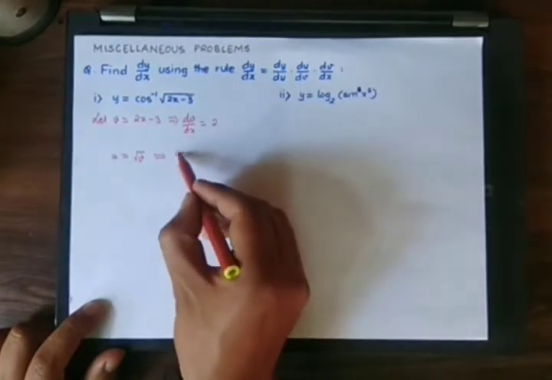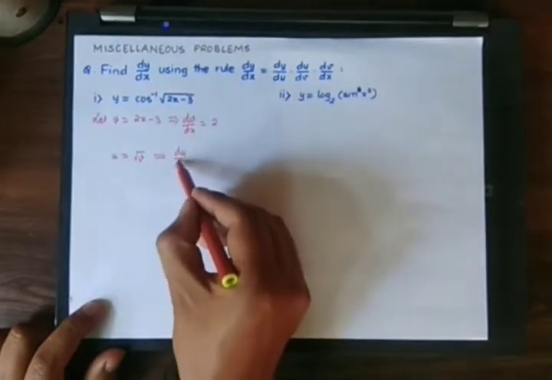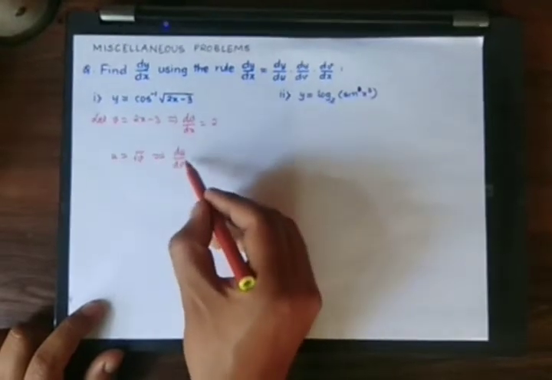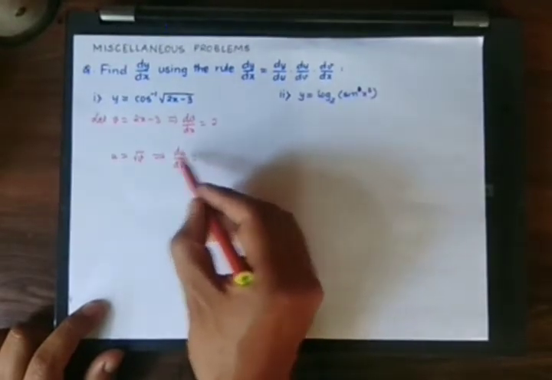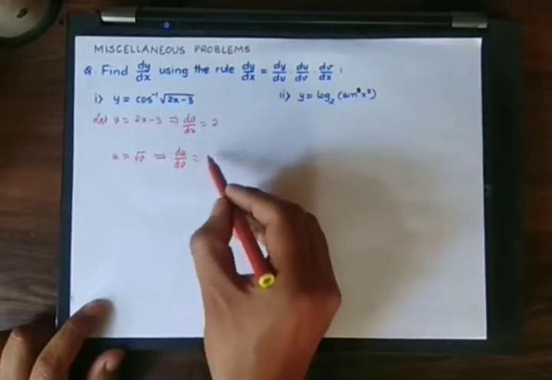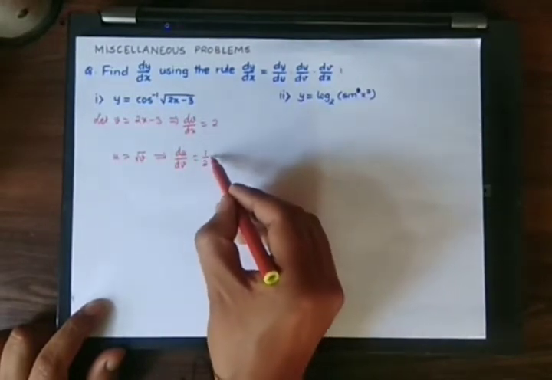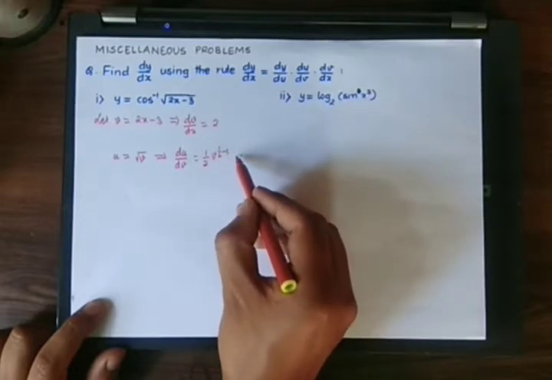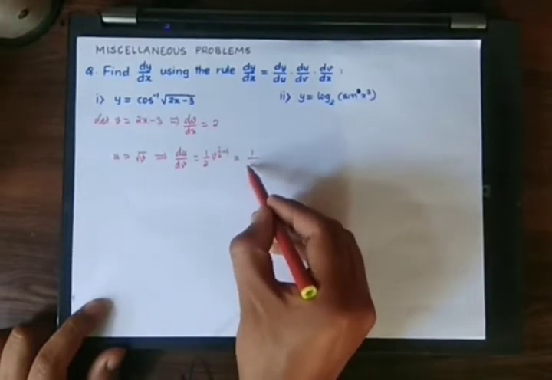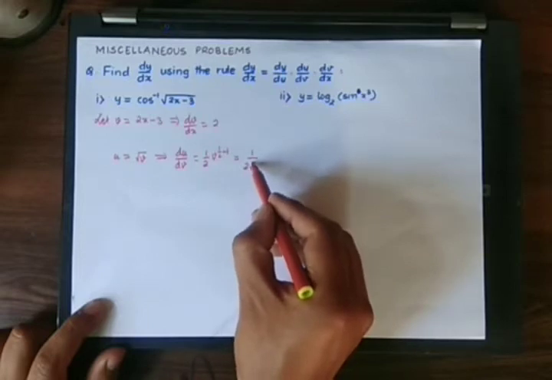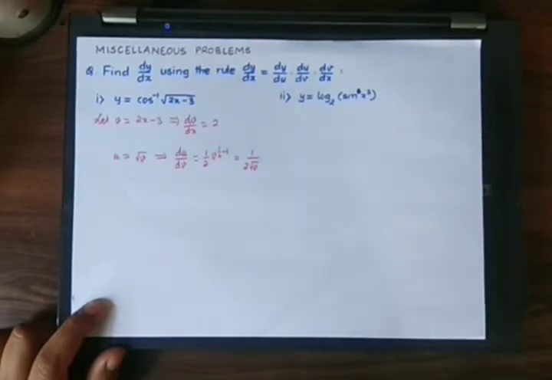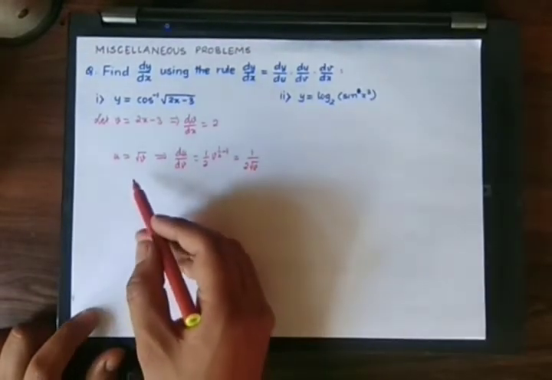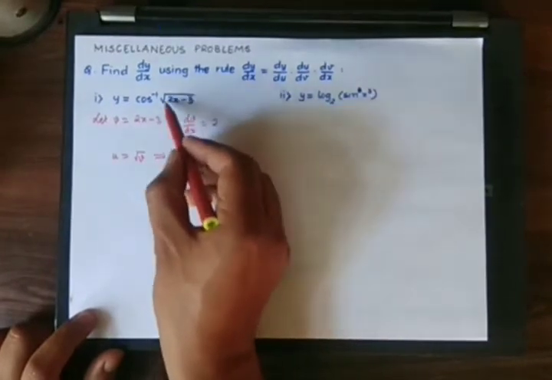So differentiating both sides with respect to v, what are we going to get? This is v to the power half. So it's going to be half v to the power half minus 1, which is 1 by 2 root over v.